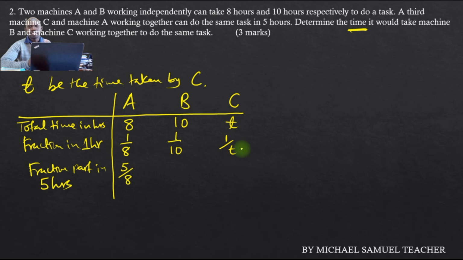For machine C, it will be 1 over t times 5, which is 5 over t.